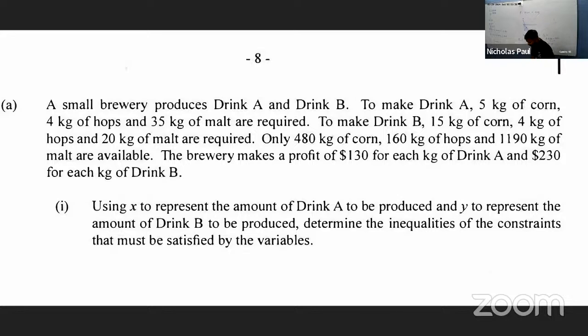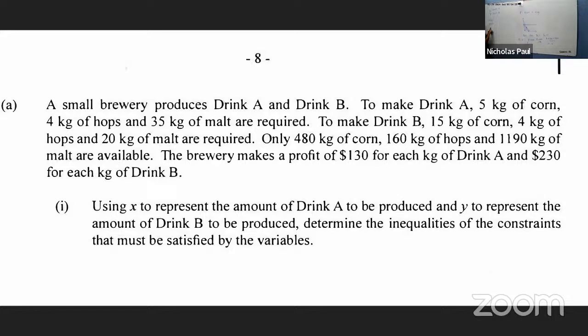Right, let's check out this one here now. So you have a small brewery that produces drink A and drink B. Drink A is x and drink B is y. To make drink A, 5 kilograms of corn, 4 kilograms of hops, and 35 kilograms of malt are needed, and then they give you the same input for B. But you only have 480 kilograms of corn.